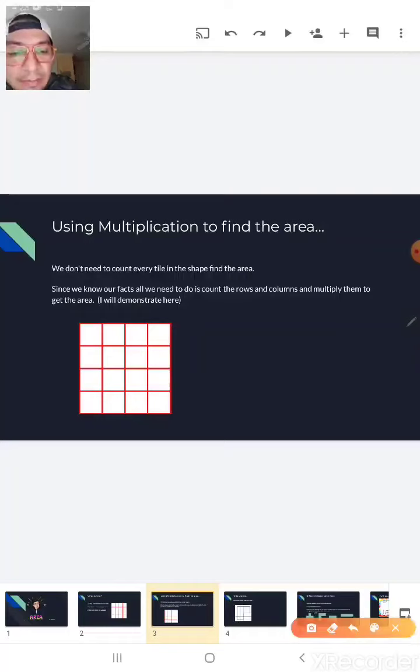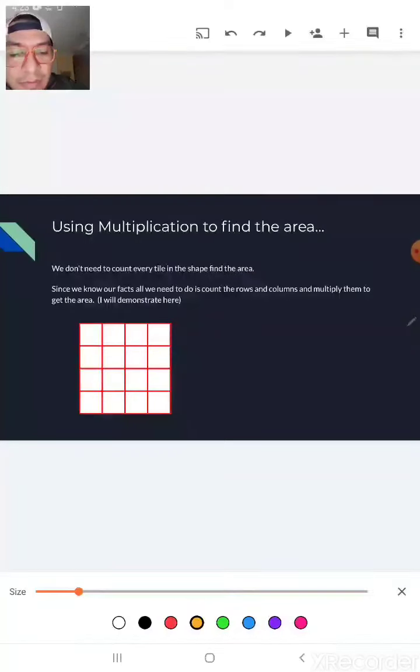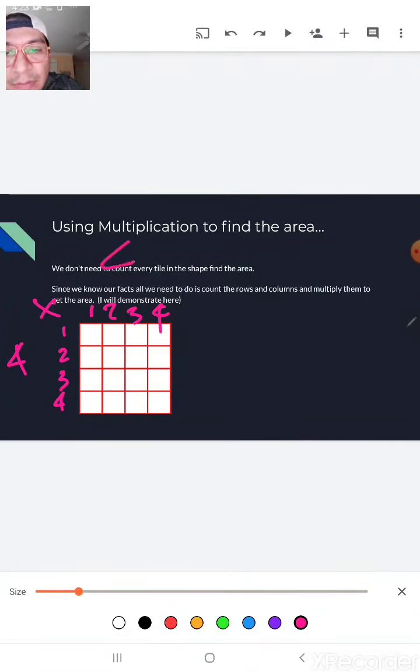Let's count our rows and columns here. How many rows do we have? We have 1, 2, 3, 4. So we're going to multiply 4 times 1, 2, 3, 4. So we multiply 4 times 4, and our answer is 16.